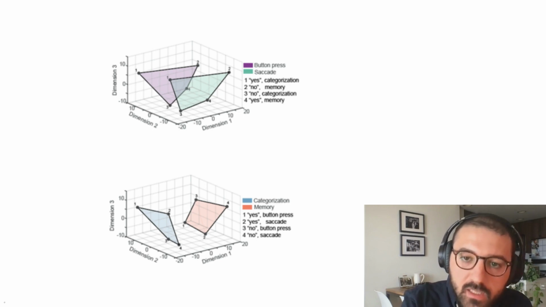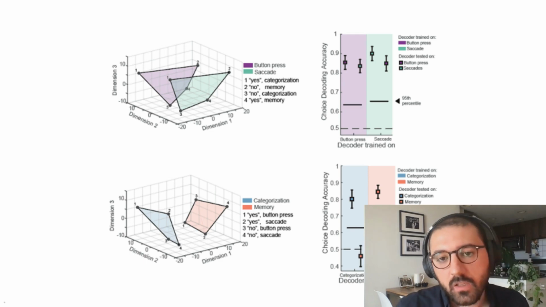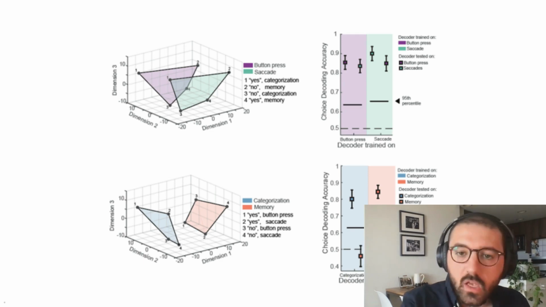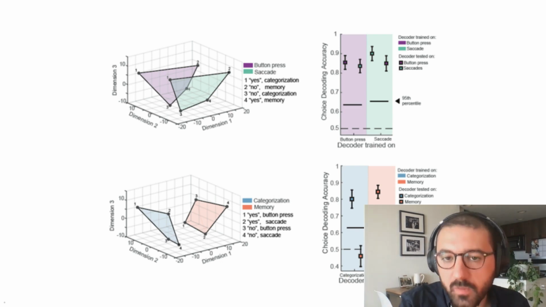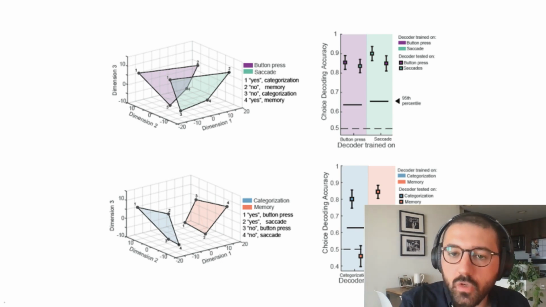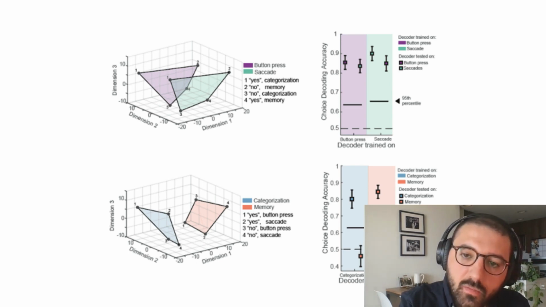We can summarize this even better with a cross-condition or cross-task decoding performance. What these graphs show is training a decoder to read out choice information in one particular instance. In the top, we're training on one particular response type, for example, training a choice decoder only on button press trials and testing its performance on saccade trials.